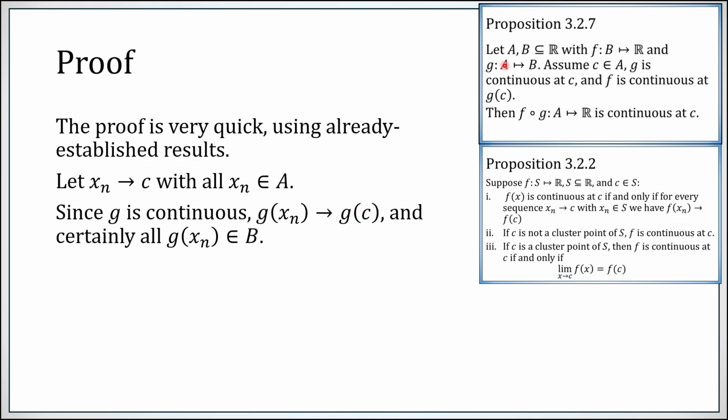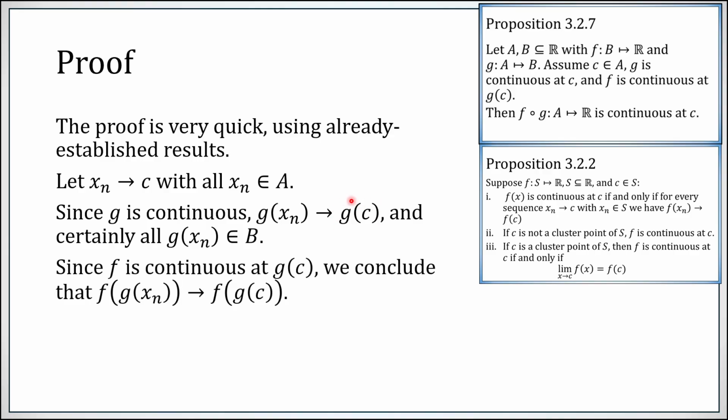But since g maps A to B, all of these g of xn's are in the set B. So now I have a sequence of numbers in the set B approaching g of c. But f is continuous there and its domain is B. So since this sequence in B approaches this value, f of that sequence must approach f of that value. Altogether, if xn approaches c in the domain A, then f of g of xn must approach f of g of c, and we're done. That's all there is to it.